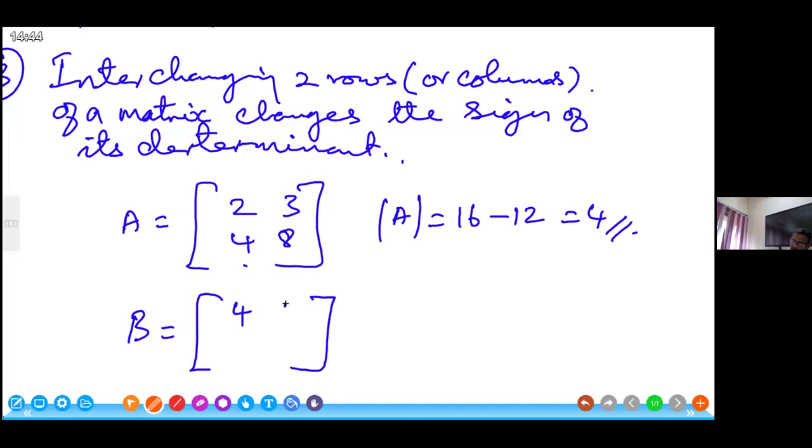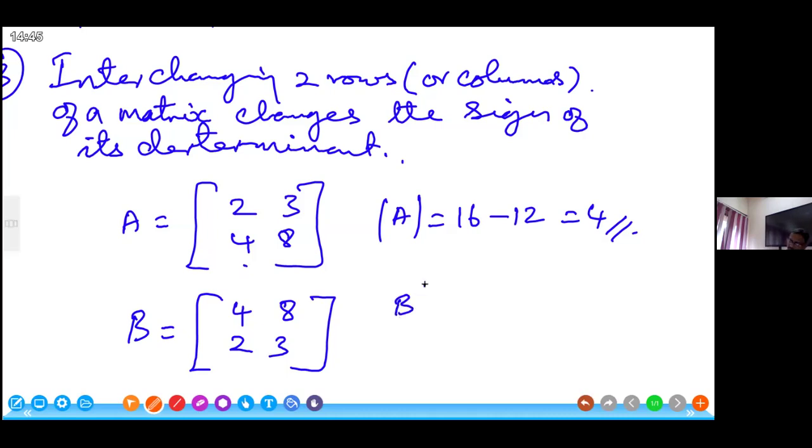First row becomes second row, second row becomes first row. Interchanging only the rows or columns.